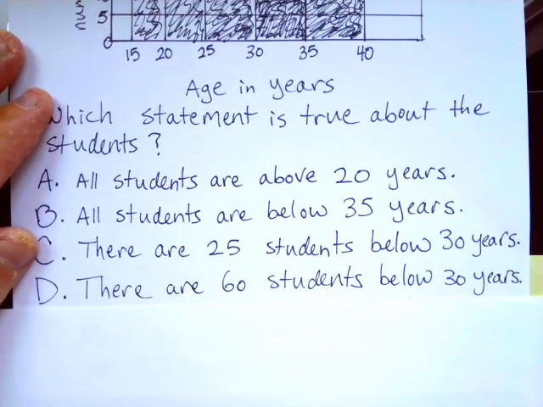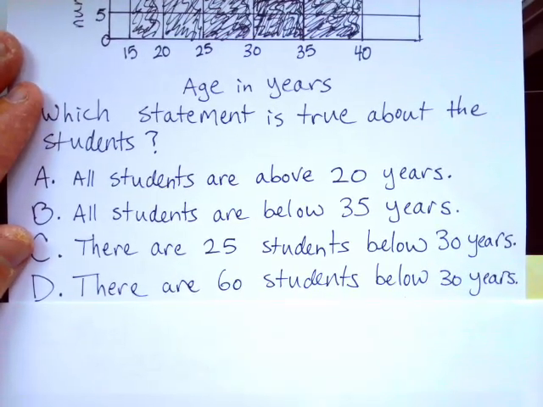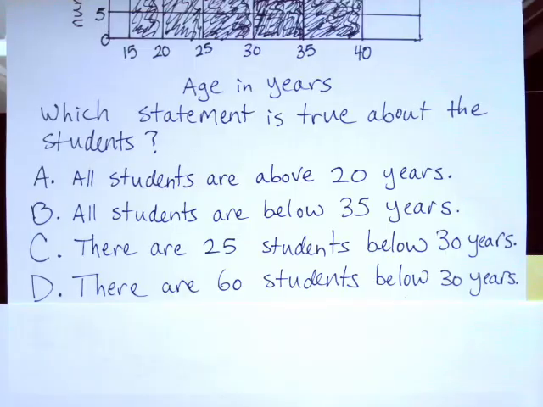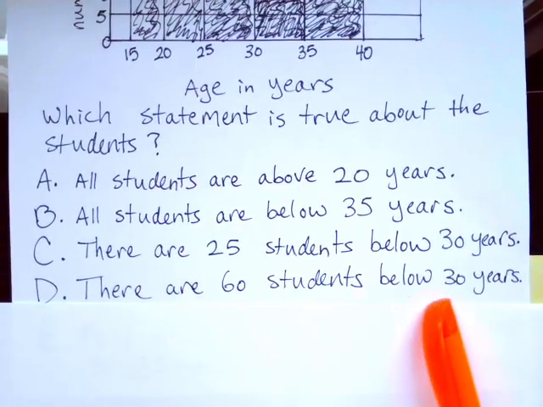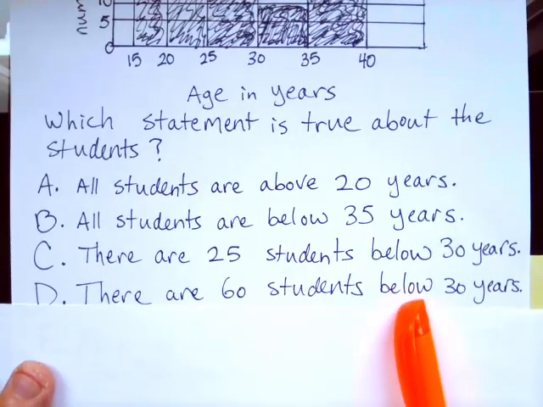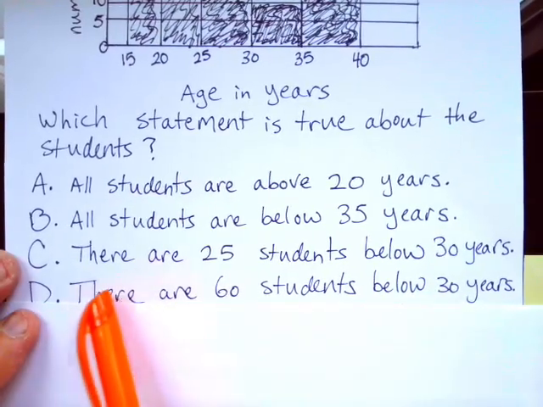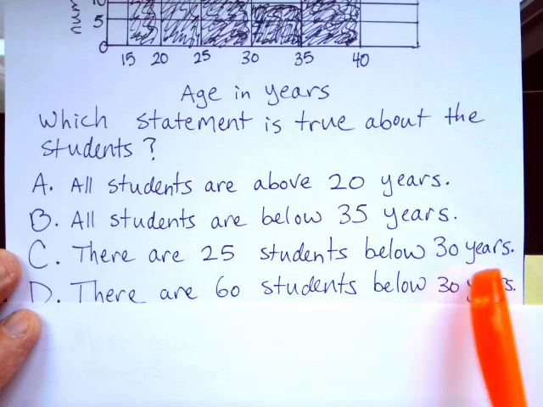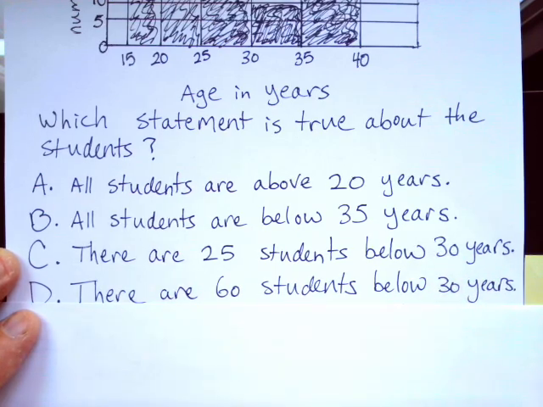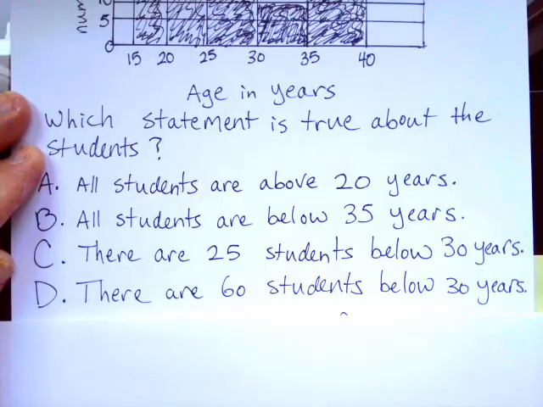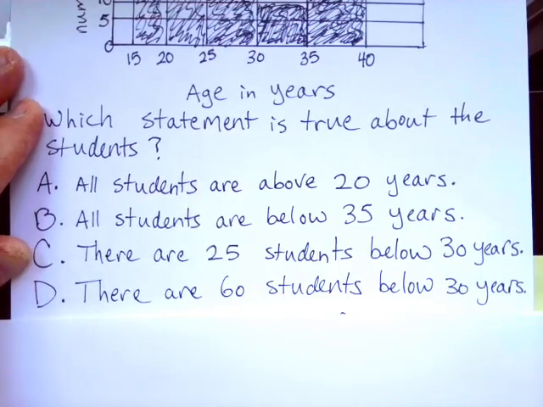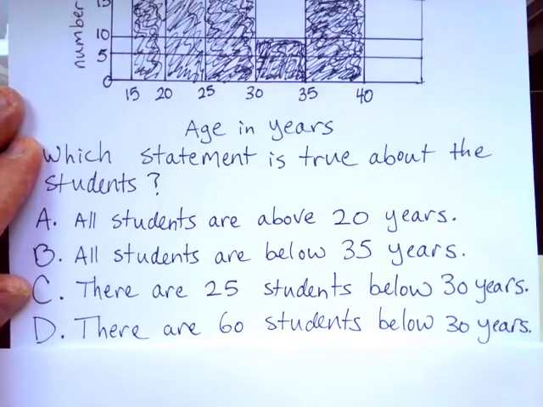Let's take a look at option D. There are 60 students below age 30. Would this be a better answer? For C, there are 25 students below the age of 30. For D, there are 60 students below the age of 30. Well, C may be a true statement, but would D be a more accurate statement?